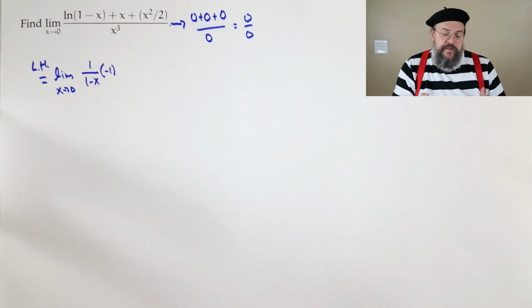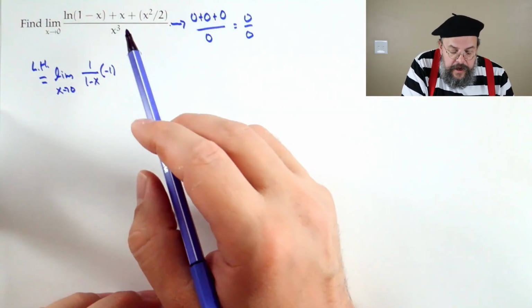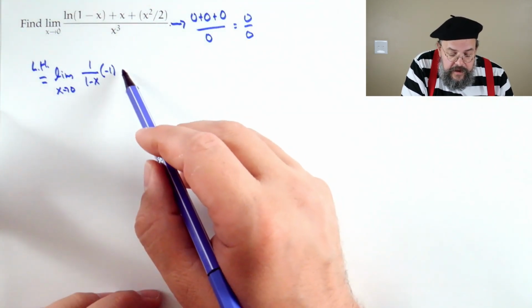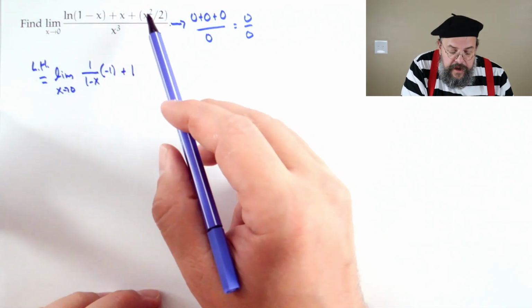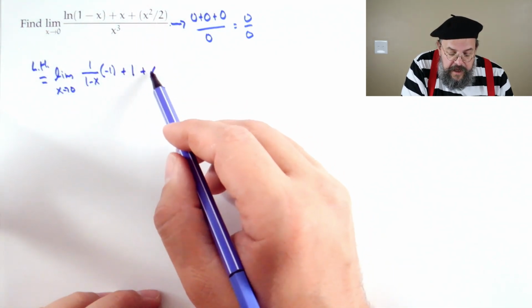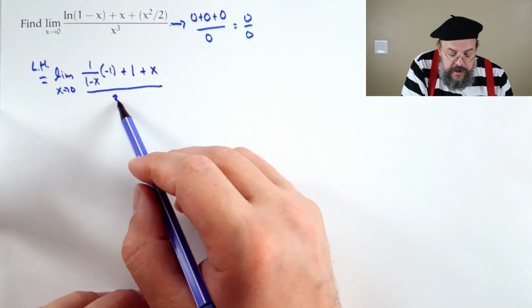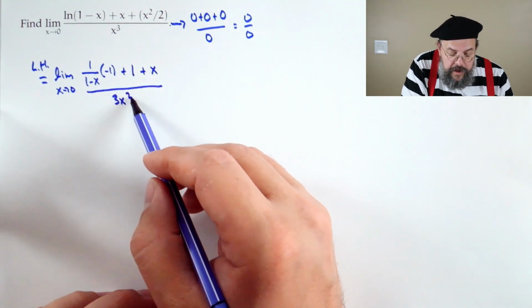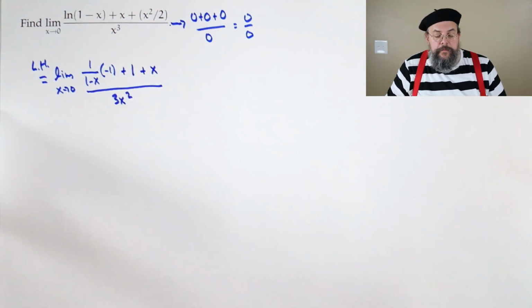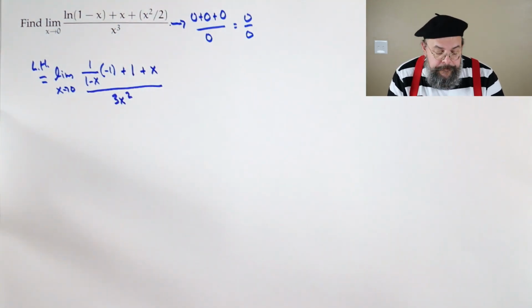In our case, the derivative of 1 minus x is minus 1. Derivative of x is 1. And the derivative of x squared over 2 is x. Downstairs, what do we have? Well, we have 3x squared.